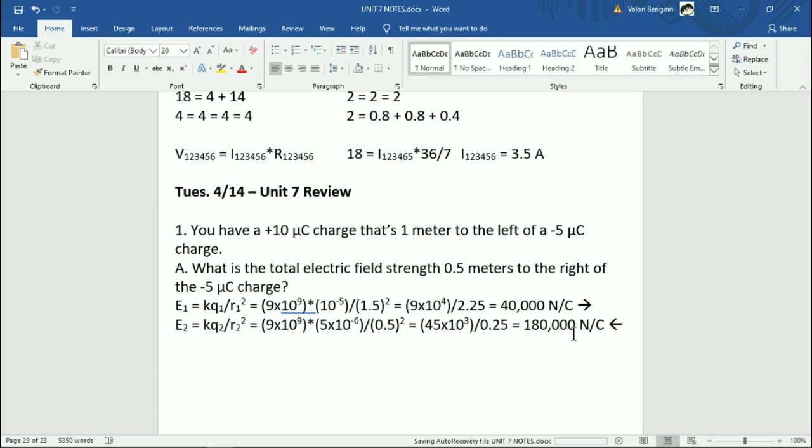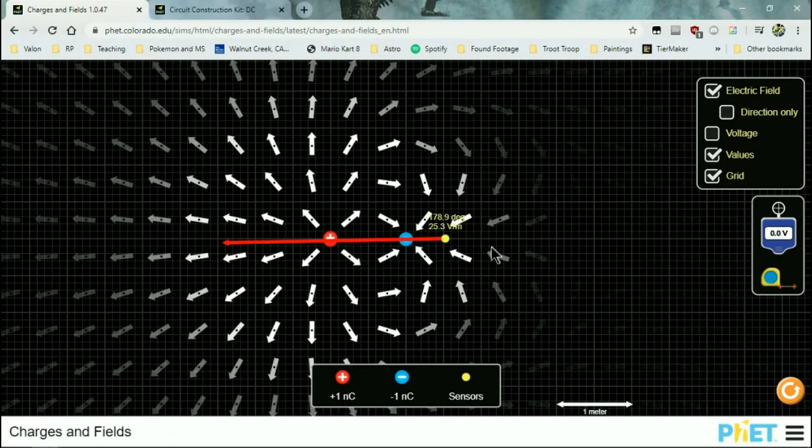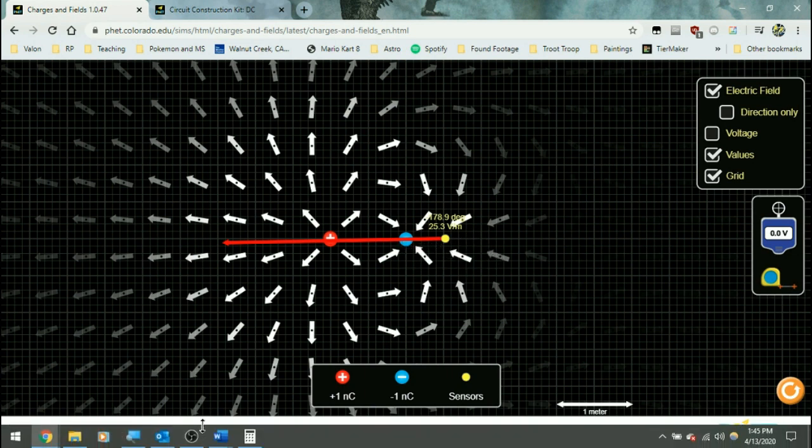And that's to the left. The reason it's to the left is because now we have a negative charge. It's pulling the field in towards itself. So since the field is pulling in this way, the field from this negative charge points to the left.